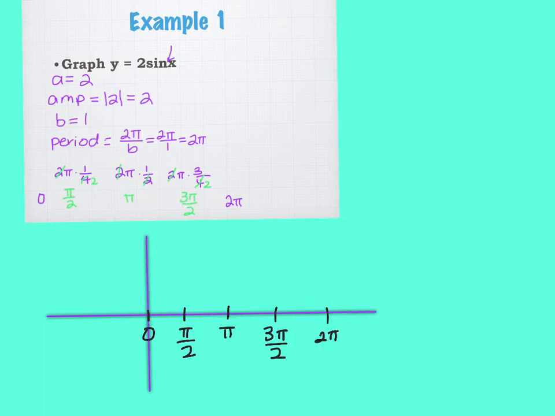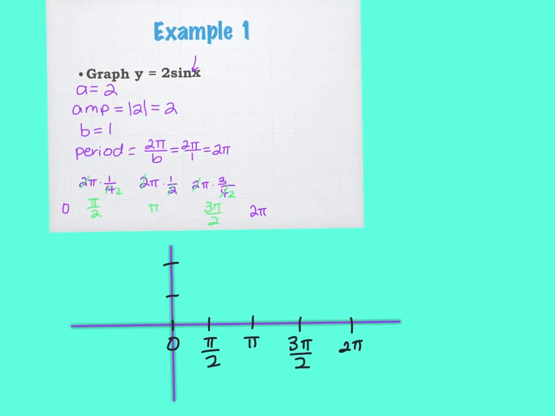Then I'm going to mark my amplitude. So we said our amplitude was 2. I'm going to go up 2 on the y-axis, down to -2. With me so far?